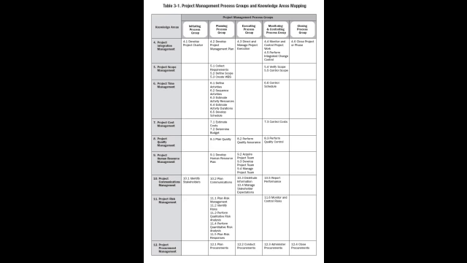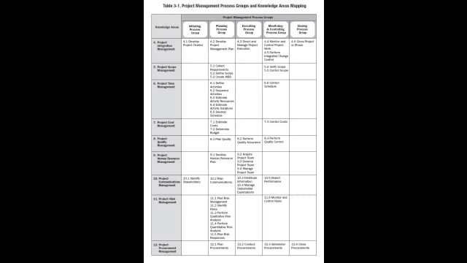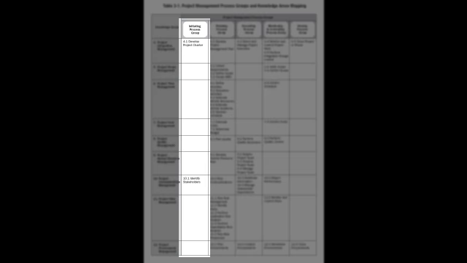Among the 5 process groups, the planning process group is the most important. That's why there are 20 processes, almost half of all processes under this group. It also makes it challenging to study for this group. When you consider the different percentage of exam questions, the initiating process group makes up 11% of questions but has only 2 processes.